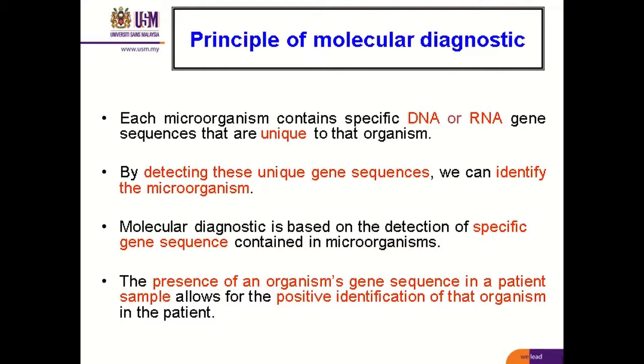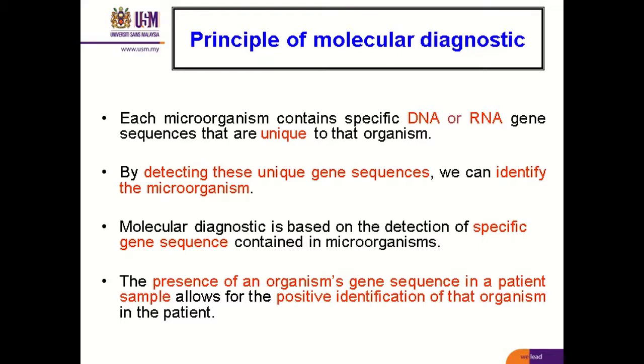The principle of molecular diagnostics is that each microorganism contains specific DNA or RNA gene sequences that are unique to that organism. By detecting these unique gene sequences, we can identify the microorganism. Molecular diagnostics is based on the detection of specific gene sequences contained in microorganisms.